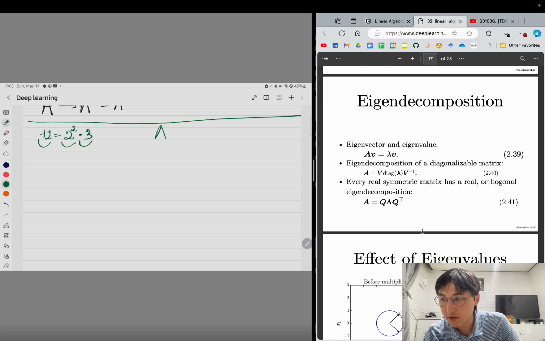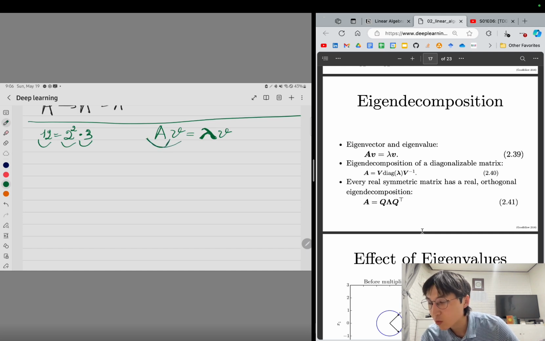The same logic is for matrix. So we have a matrix, and we are decomposing it into eigenvectors and eigenvalues, so that if we have A and we give that vector to A, the result is equal to the vector multiplied by some value, some eigenvalue. So we can decompose this into the eigenvector and eigenvalues.